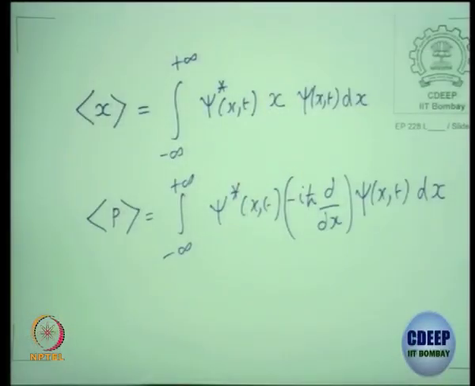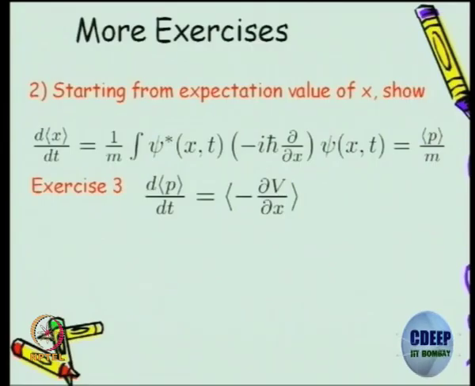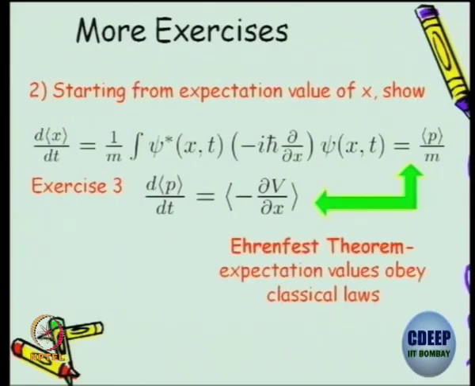Please verify this and we could have a discussion on the tutorial session on Monday, okay, if you are not able to prove it. But please try to do it. Okay, so these classical laws satisfied by expectation values in quantum physics come under the title Ehrenfest theorem. Expectation values obey classical laws.